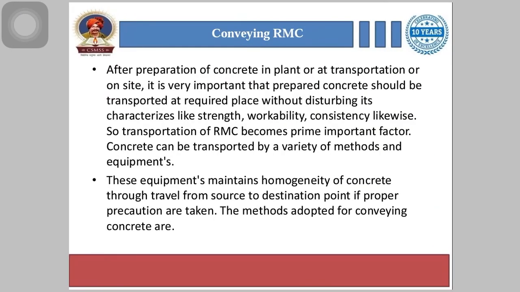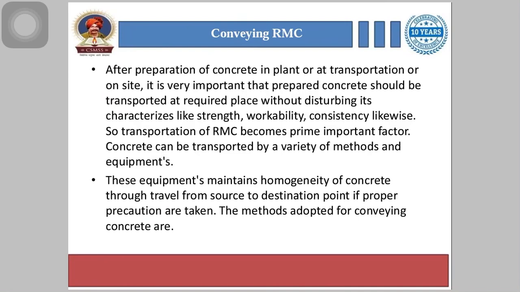Next is conveying RMC. After preparation of concrete in plants, for transportation on site, it is important that the prepared concrete should be transported to the required place without disturbing its characteristics like strength, workability, and consistency.